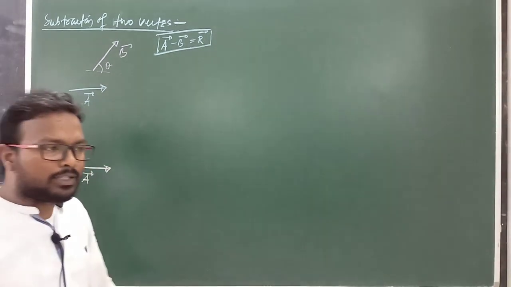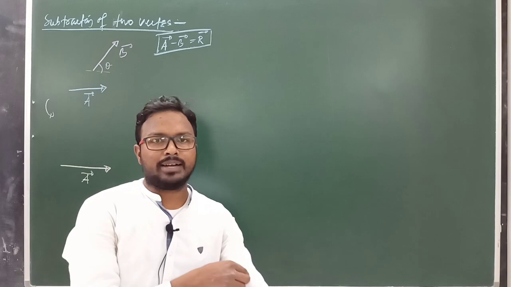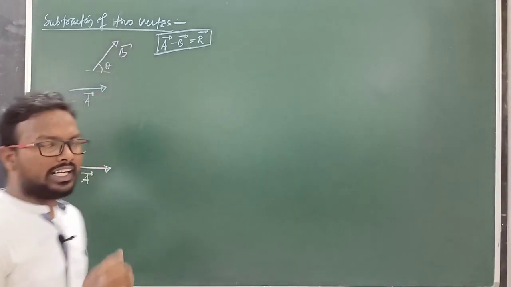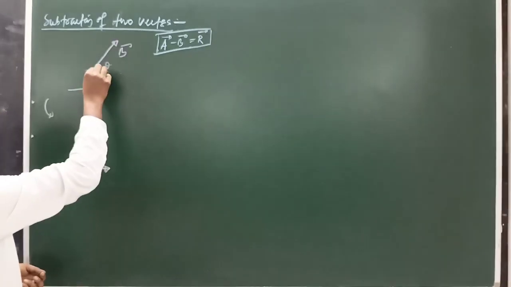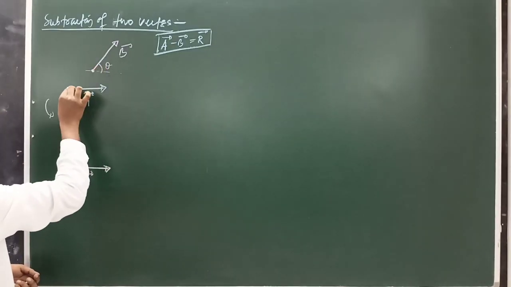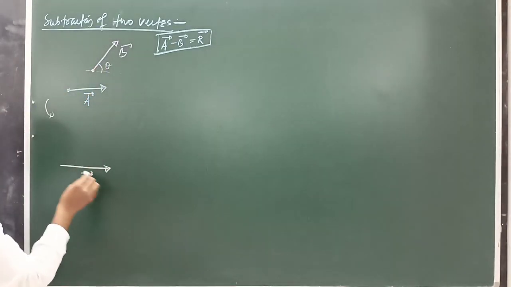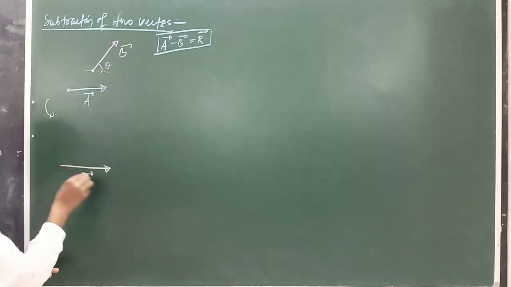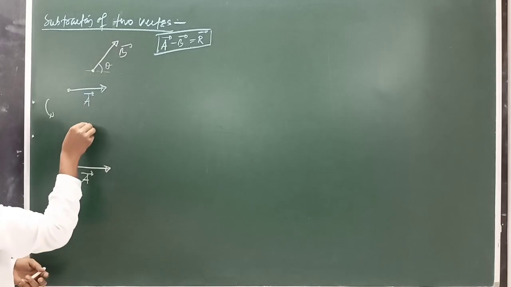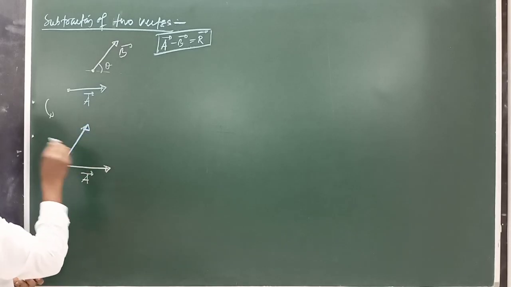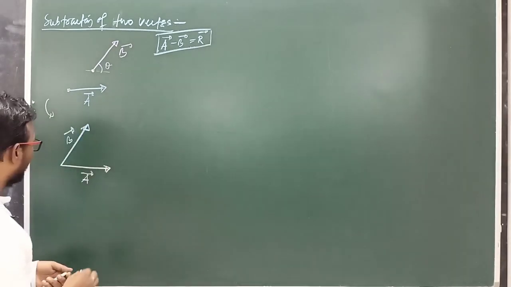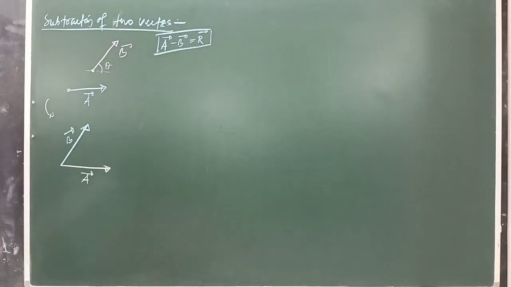To find the angle between two vectors, first we have to join their tail to tail, the tail to tail method. So this is the tail of B vector and here the tail of A vector. Now join their tail to tail, just like the parallelogram law. So this vector is known as B vector here.